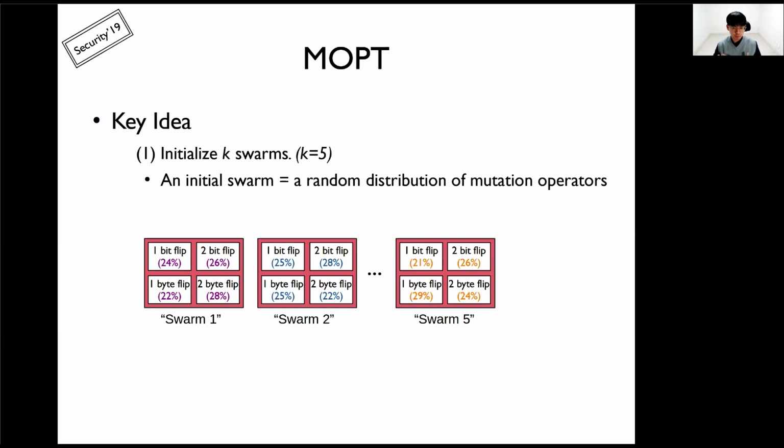For example, the probability of the 1-bit flip operator in the first swarm is initialized as 24%, while the probability of the 1-bit flip in the last swarm is initialized as 21%. That is, the probability of each operator in each swarm is different, as you can see.